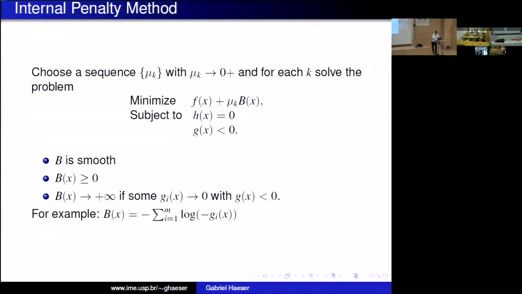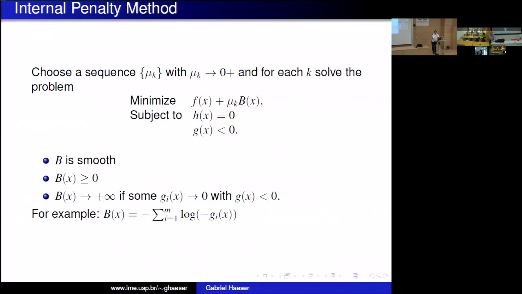So you can do something very similar to what we did, but the difficulty here is that if you want to apply the interior penalty method, and maybe now I will talk as if there are no equality constraints, you should walk through interior points. And we have seen that the conditions that we developed do not guarantee the existence of an interior point.